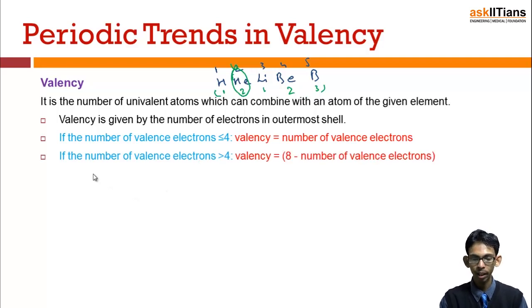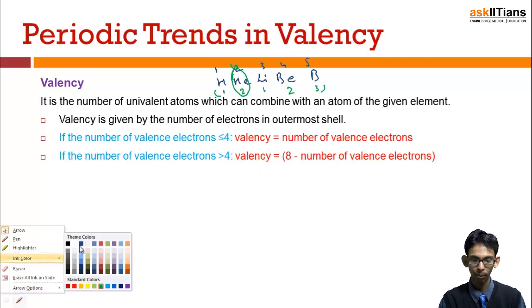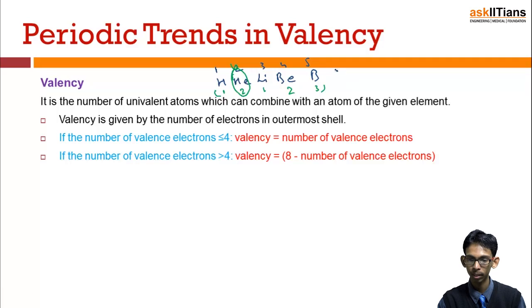But if the number of valence electrons is greater than 4, then valency is calculated using this formula: 8 minus the number of valence electrons. Let's move further. In carbon, the number of valence electrons is 4, so the valency will also be 4 according to the first rule. Now after carbon we move to nitrogen. Valence electrons are 5, which is more than 4.